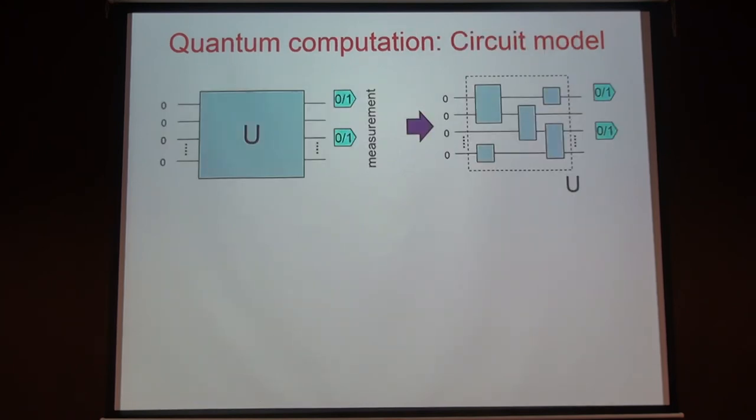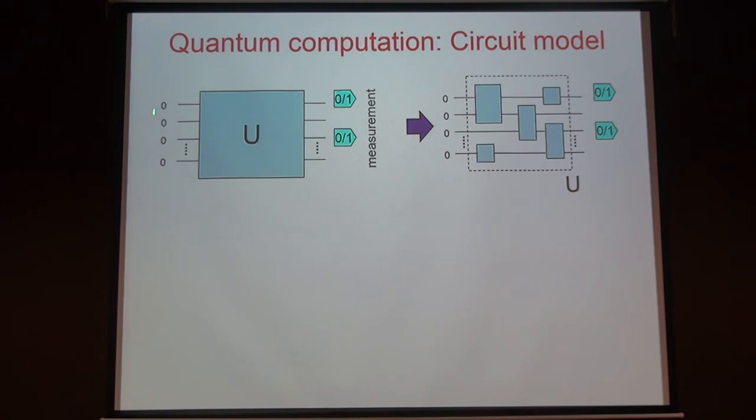Let me end by giving you a one-page overview of what quantum computing is. Depending on what algorithm you want to carry out, you have something in mind you want to do, and that can be implemented by, let's say, a large unitary, as I showed earlier.